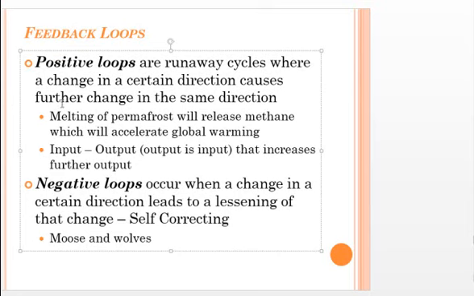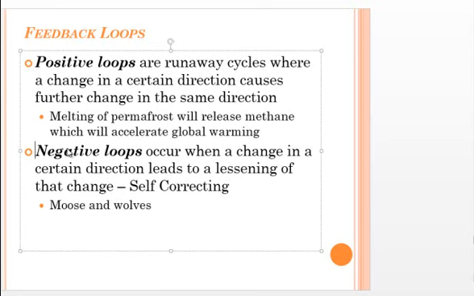And then that increase in heat will cause more melting of the permafrost, which will release more methane, which will increase the heat, which will increase the melting of the permafrost, which will increase more methane, etc., etc. It is not self-correcting. It can go out of control. So it just causes increase upon increase upon increase, if that makes sense. Hopefully my verbal explanation made more sense than what I typed.